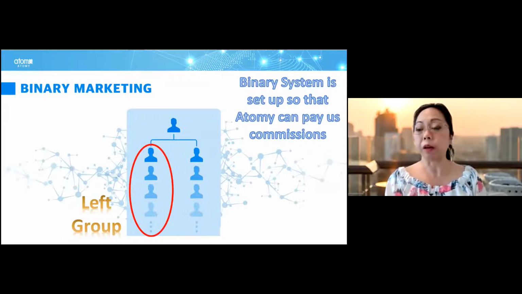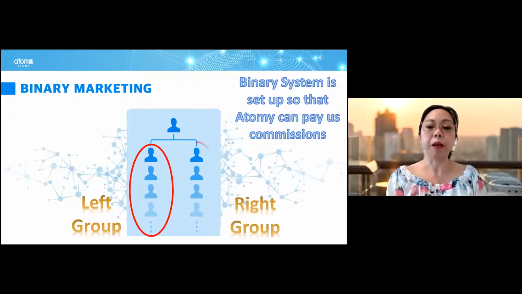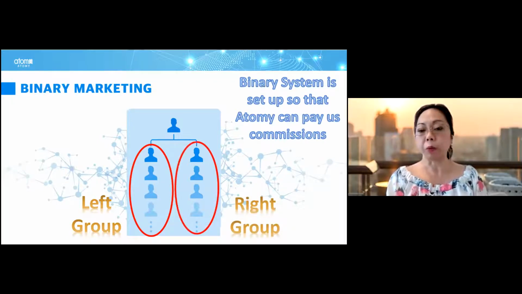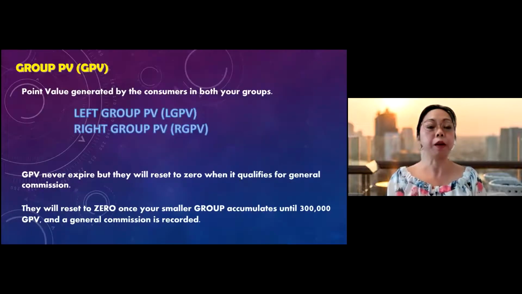Or in other terms, your sponsors would also mention left leg. And this is your right group, which also is your right leg, okay? I wanna make sure this is discussed, because when we discuss the group PV, you will understand how you get the group PVs, okay?